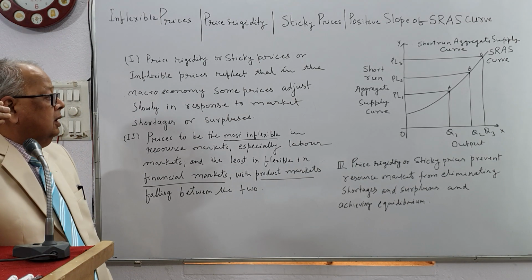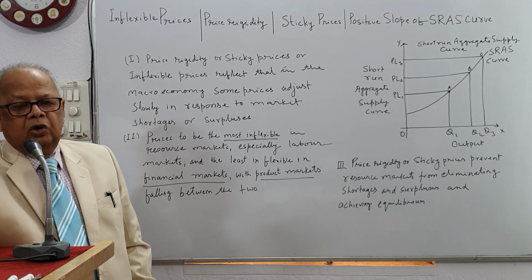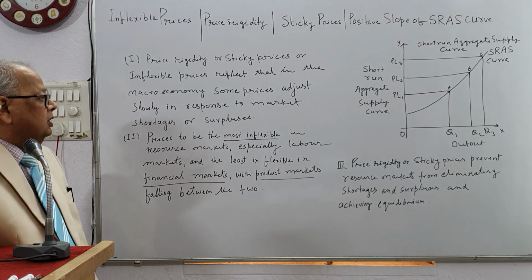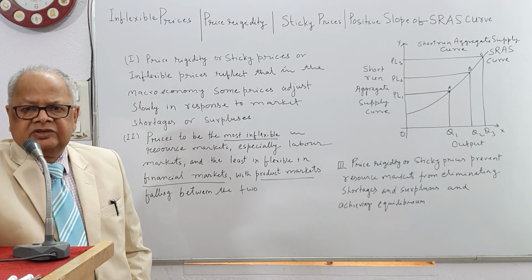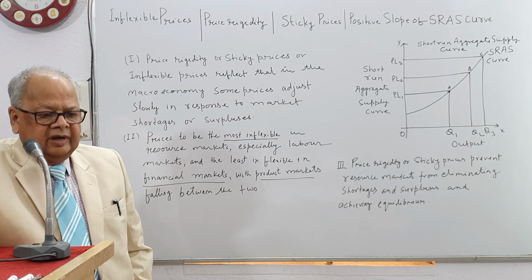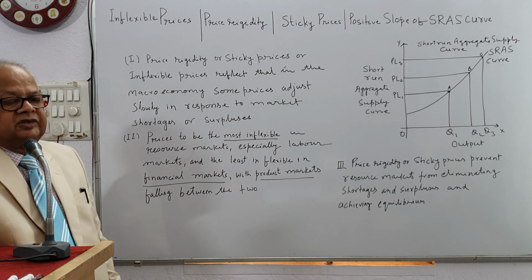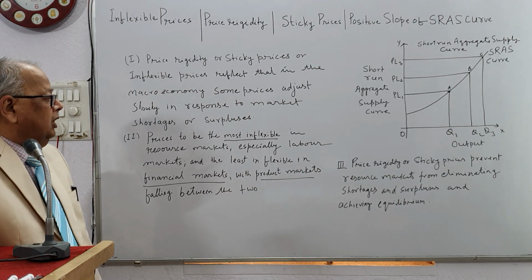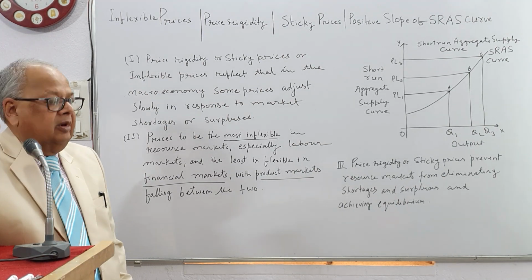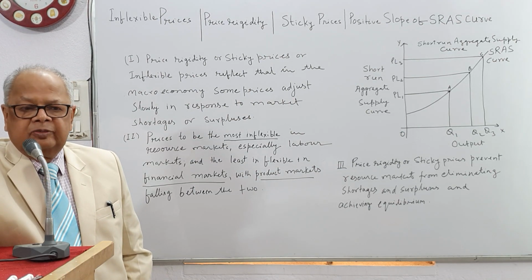And in the macroeconomy, out of these different types of prices of commodity market, factor market, financial market, some of the prices adjust slowly in response to the demand, in response to the market shortages or surpluses.